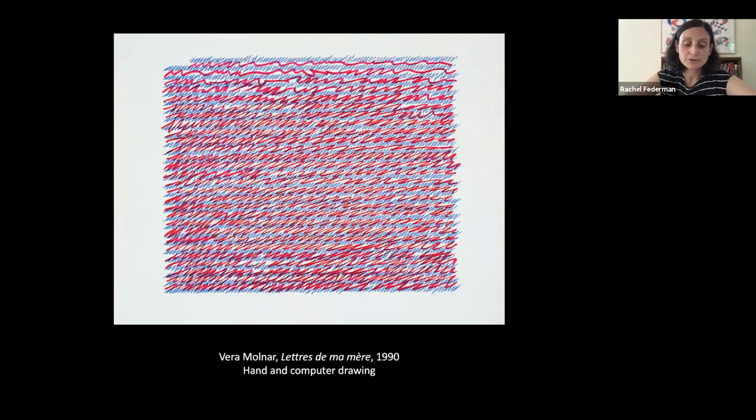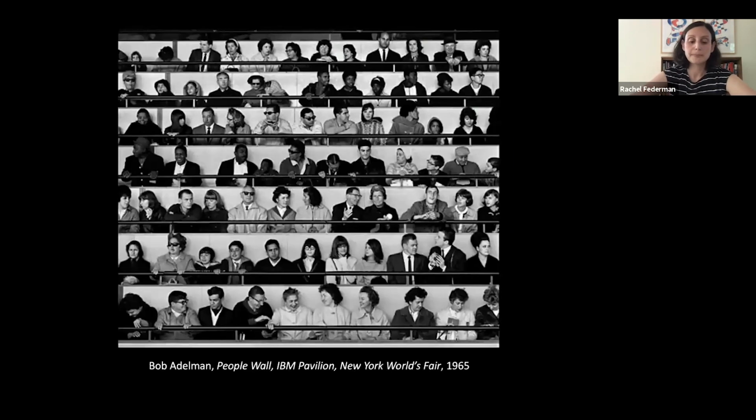Molnar was not alone in her drive to merge her talents with new developments in the sciences. At a time when technological advancements, including the computer, were closely linked with wars hot and cold, there was a desire among many in the arts and technology fields to forge humanistic alliances. Architect Eero Saarinen collaborated with designers Ray and Charles Eames on the IBM Pavilion for the 1964 World's Fair in Flushing Meadows, Queens.